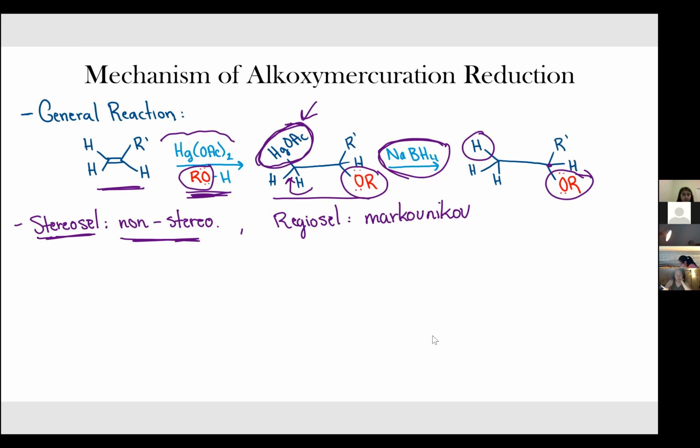Let's quickly go over the general mechanism. It should be relatively just a review of what we've already seen. Let's say we want to add in a simple OCH3. The way we would do that is we would treat it with methanol, and then do the reaction with our mercuric acetate.